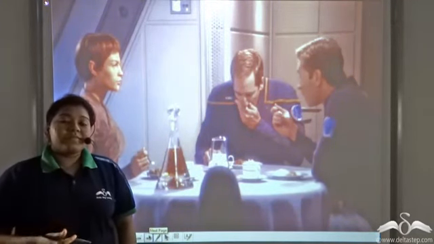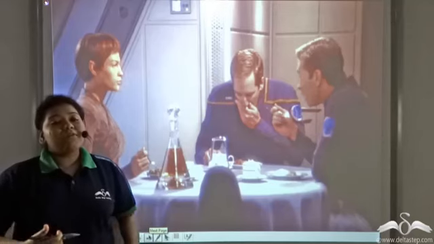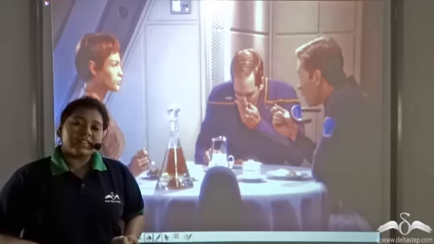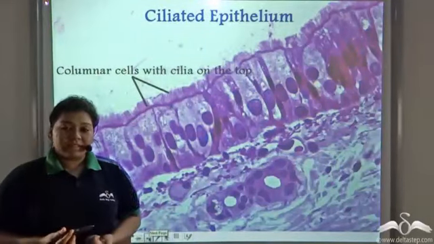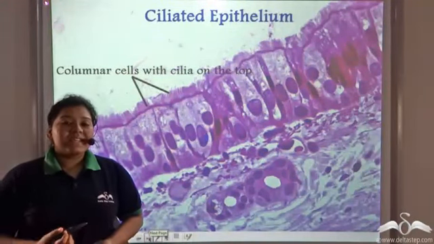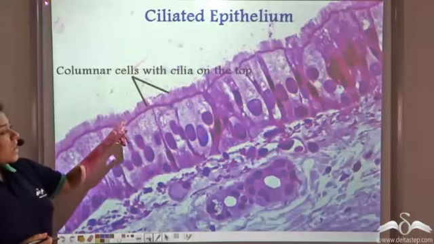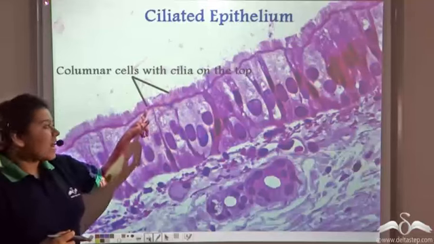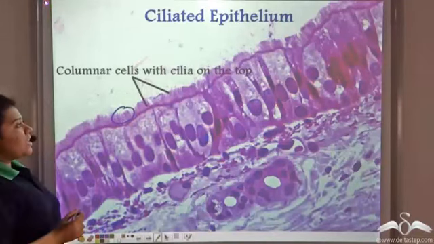Now, at times when we try to talk and eat at the same time, we often cough violently. So why do we cough so violently? Well, the trachea, which is our windpipe, is lined by columnar cells that have hair-like structures on the upper surface. These hair-like structures are known as cilia.